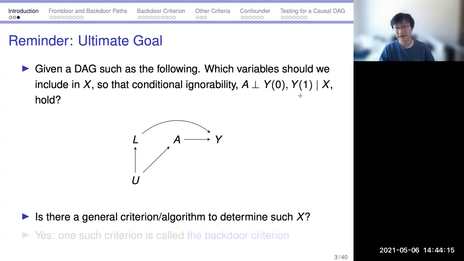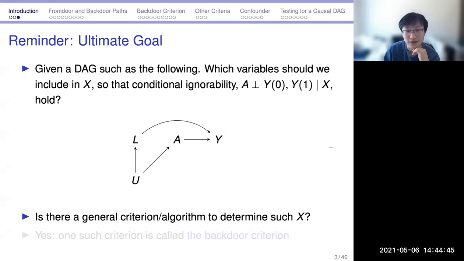Right now it's not clear how we find such an X, because here we have potential outcomes, and everything that we have seen so far has no parentheses 0, parentheses 1 yet. Everything we have seen are observed variables in the real world, not in a potential world. But in any case, this is what we want to do.